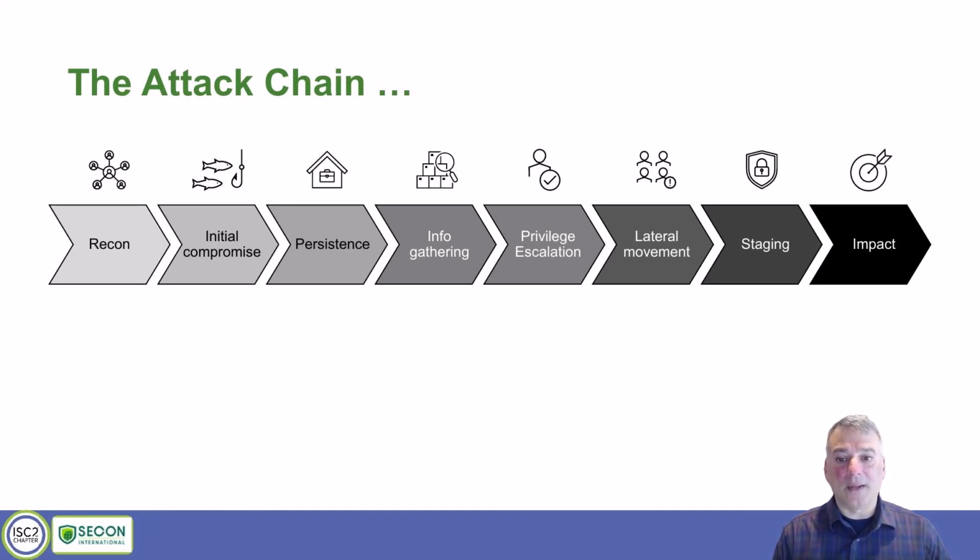Once they figure out where they want to go, they'll start executing some other malware to try and get privilege escalation. And once they get that privilege escalation, they can move laterally across that network, usually undetected, and either exfiltrate that information, put in ransomware, or do some other impactful operations.